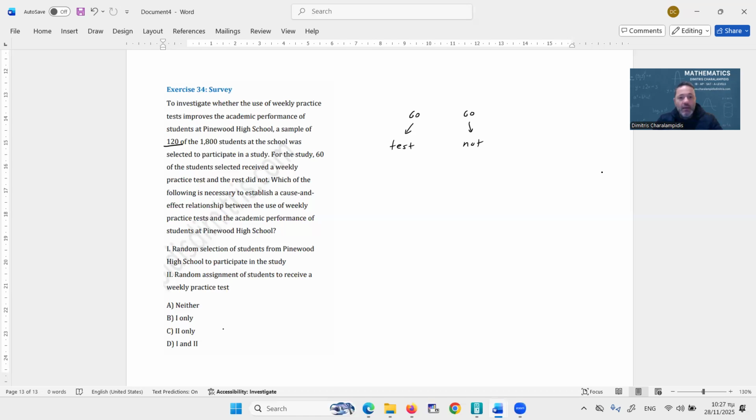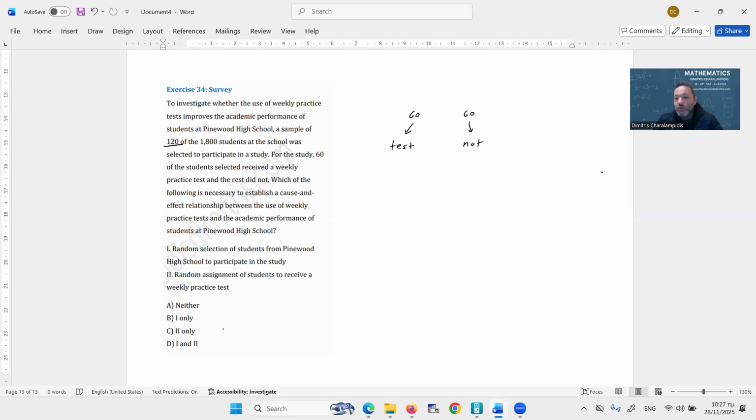And if we want to see actually if more tests improve academics, we need to randomize everything as much as possible. So out of these 120 randomly selected students, first of all, we should randomly select them, which makes a proper answer.